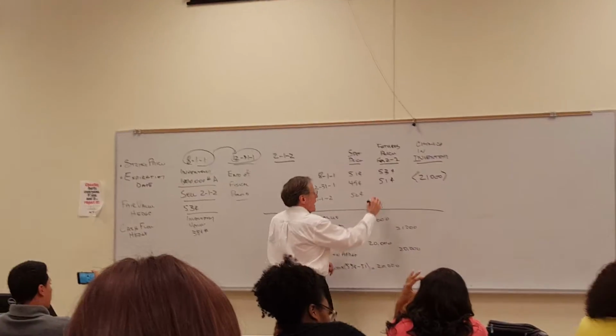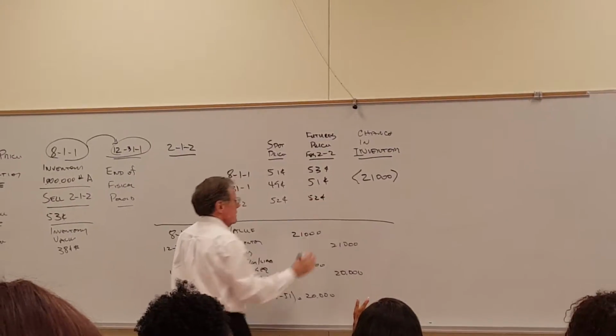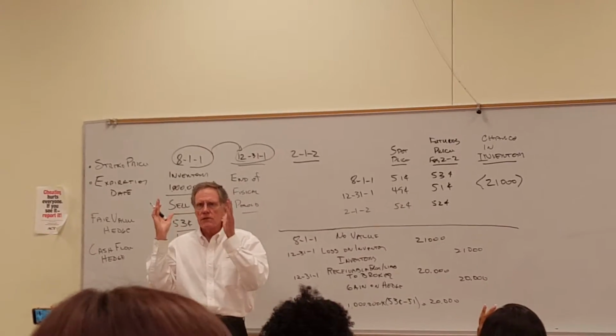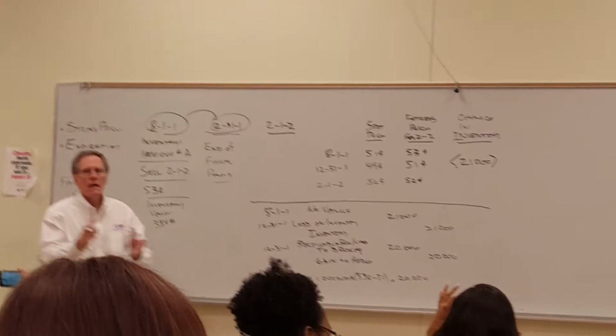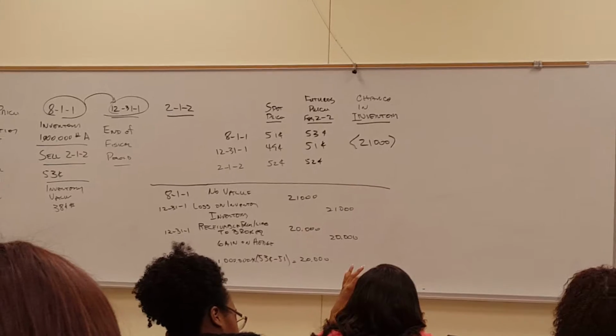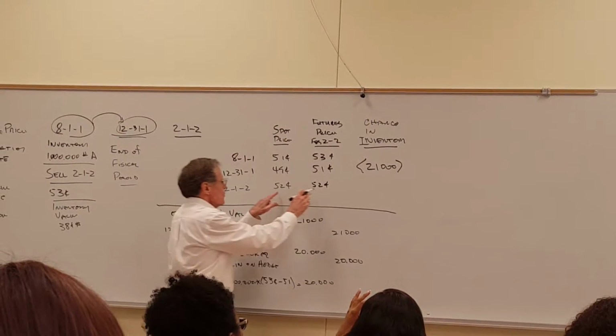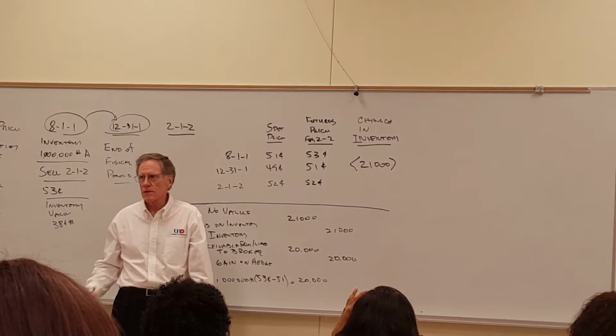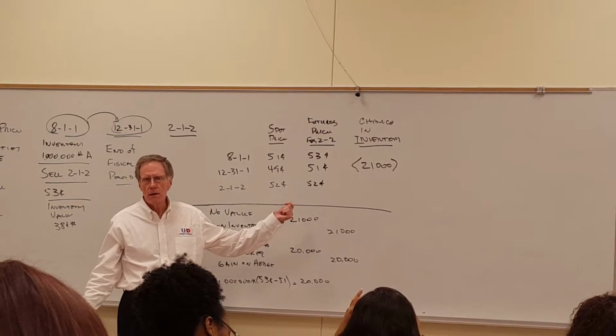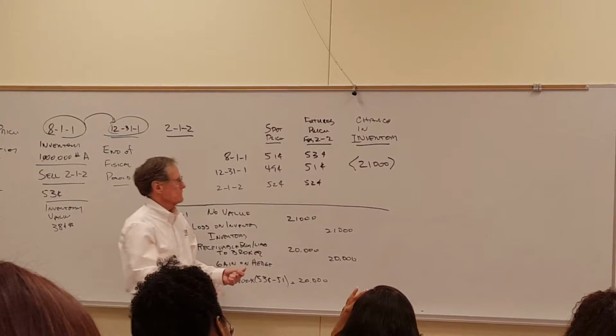And the futures price is also 52 cents. And that's what you're going to see as you get to the exercise date or the expiration date. The futures price is going to be virtually the same as the spot price.